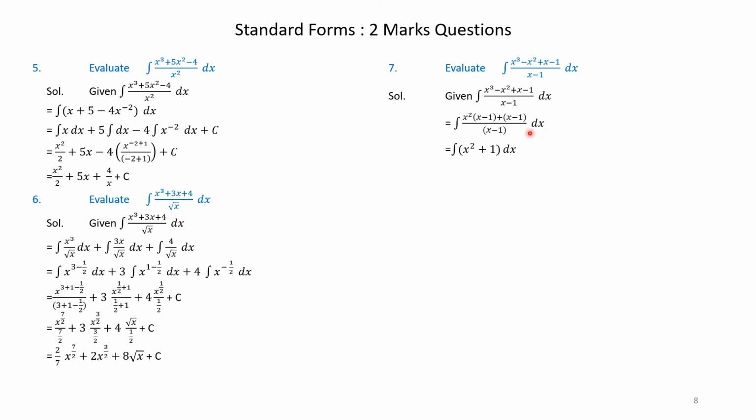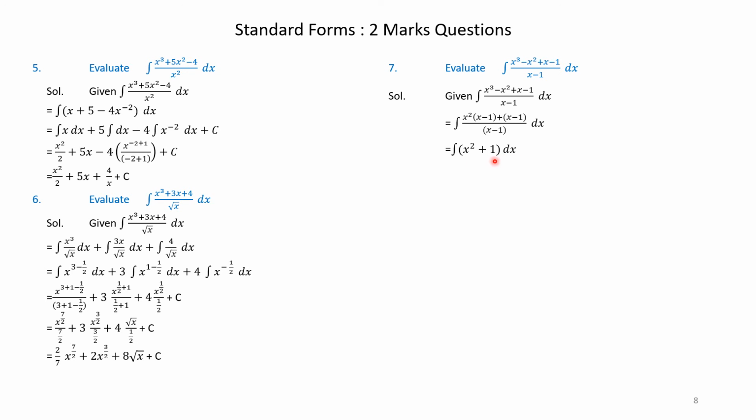Now, simplifying, we get x minus 1 in the numerator. If we take this x minus 1 common, this x minus 1 gets cancelled and the remaining part is x square plus 1. This x square plus 1 is written as shown on the screen.